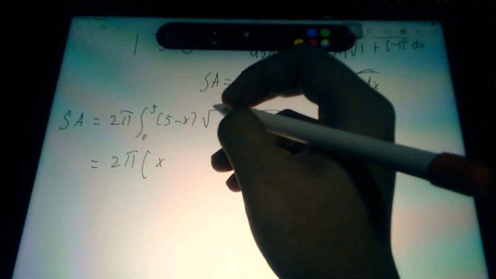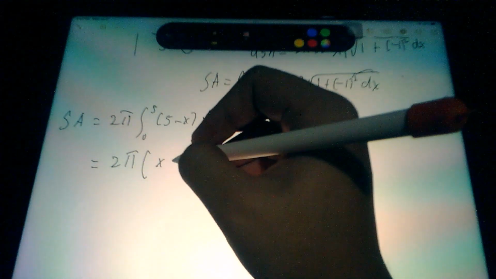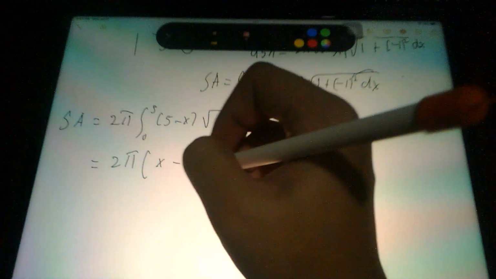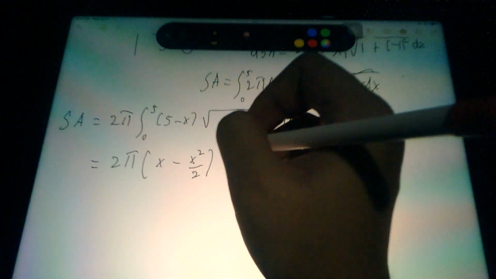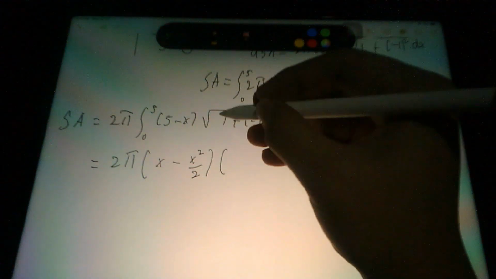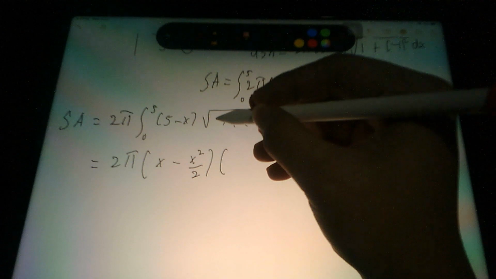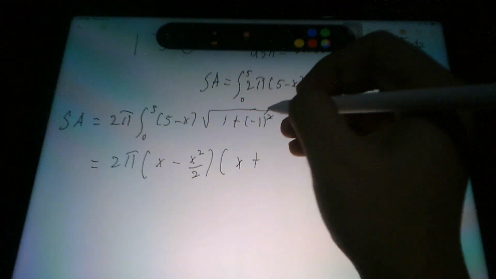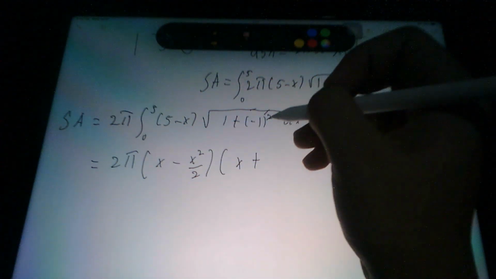the integral of 5 here is just 5x, right? 5x minus x squared over 2, times the square root of 1 is just 1, so the integral of 1 is just x. Plus the negative 2 here, we just cancel each other out.